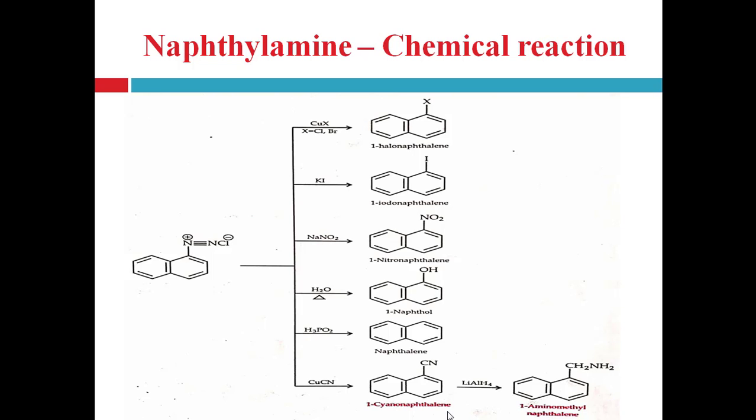When, in place of naphthalene-1-diazonium chloride, naphthalene-2-diazonium chloride is used, then 2-substituted different products or derivatives of naphthalene can be obtained. So these are the synthetic applications of naphthalene diazonium chloride salts.